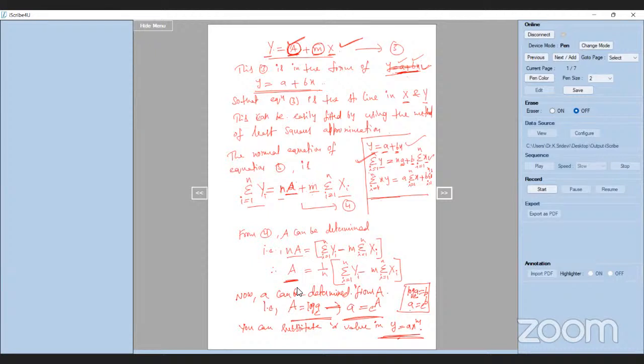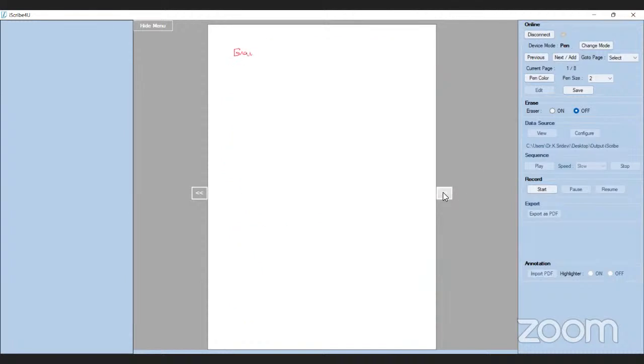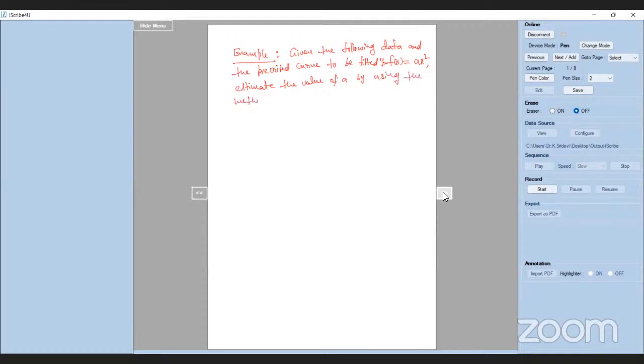Next, we take an example here. Given the following data and the prescribed curve to be fitted, f of x is equal to a into x square, estimate the value of a by using the method of least squares.